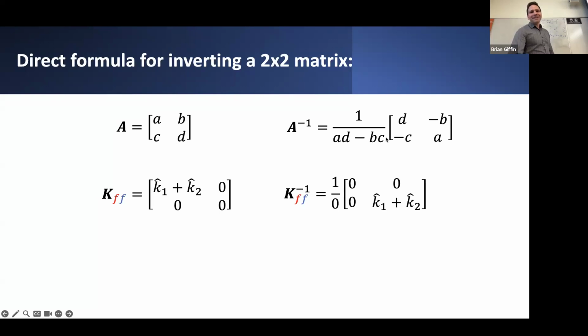In fact, ad minus bc is the determinant of this matrix. Again, the product of the diagonals minus the product of the off diagonals. So we're dividing by the determinant when we're computing this matrix inverse, and then we're just permuting the entries and turning the off diagonals into negative signs.